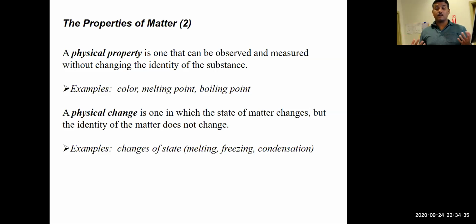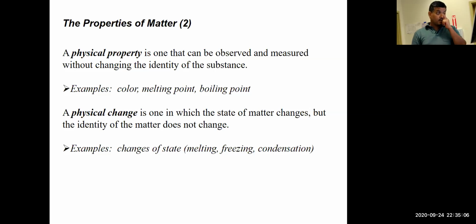So to identify the difference scientifically, you could determine the boiling point of both liquids, and whichever liquid has a boiling point of 100 degrees Celsius is your water, and whichever does not is the ethanol. That is how you could distinguish one matter from another by identifying their physical properties.